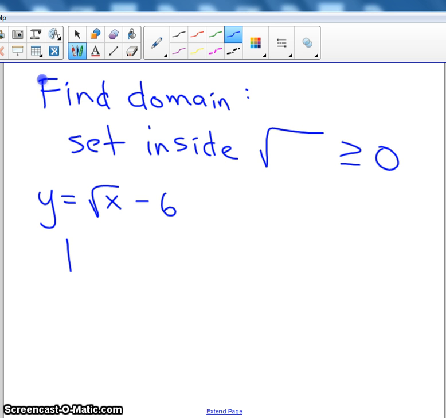The domain of this function is going to be all positive values greater than 0. All right, so what I did is I took the inside of the square root and I set it greater than 0, and we can make sense of this. If we were to plug in negative values into the square root, it wouldn't produce anything that's a real number. We can't square root a negative.